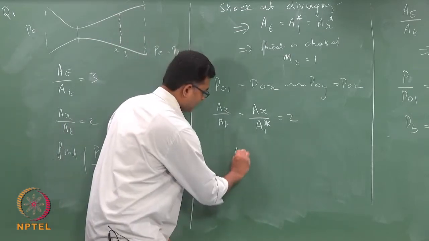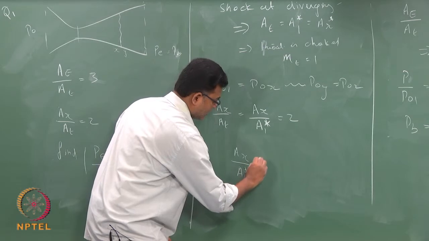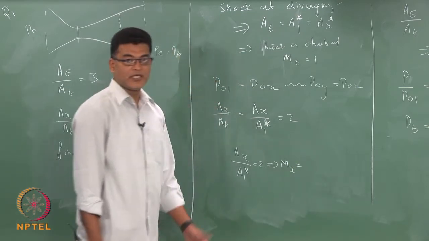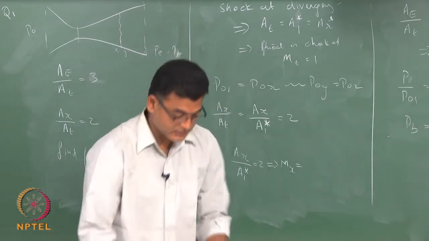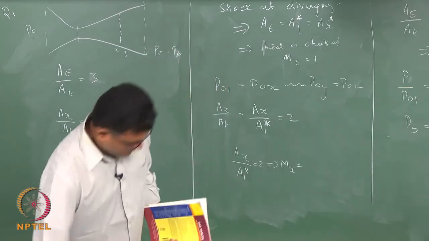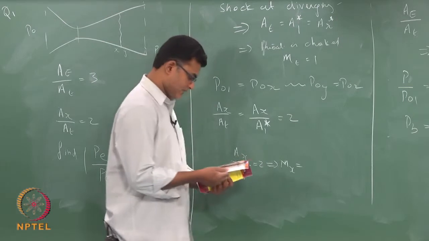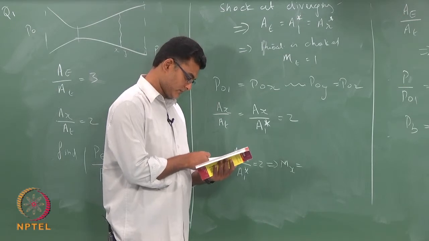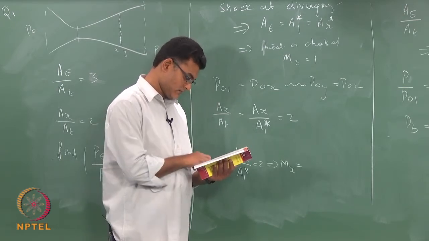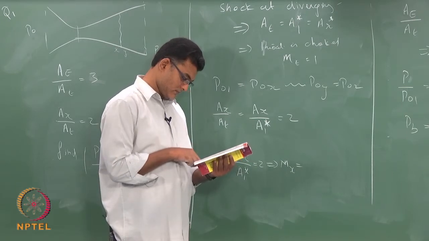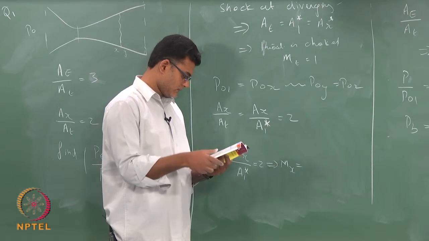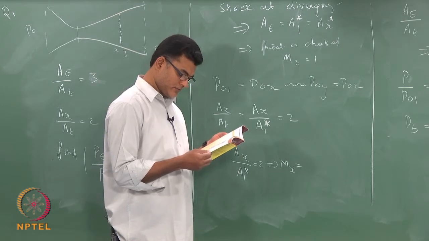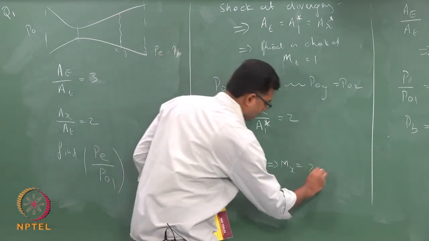So, the Mach number associated with Ax equals 2 is, I look at the shock tables, the isentropic tables, find Ax by A star 1 will give me a Mach number of around 2.2.